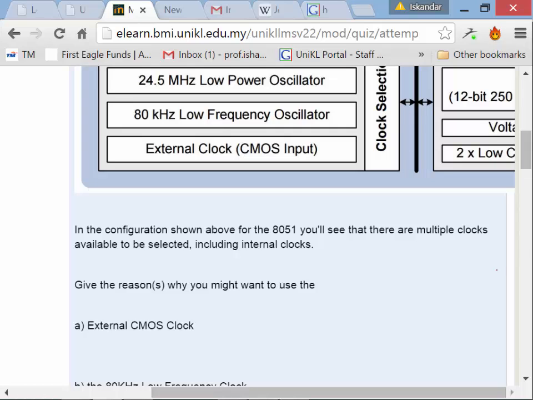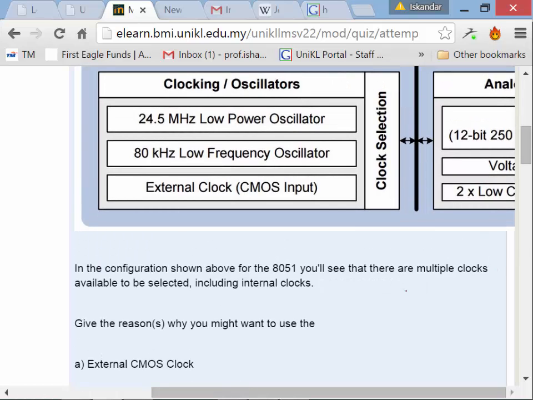In this particular case, we've got a 24.5 megahertz low power oscillator that's built into it. We also have an 80 kilohertz low frequency oscillator. And we also have an external clock.